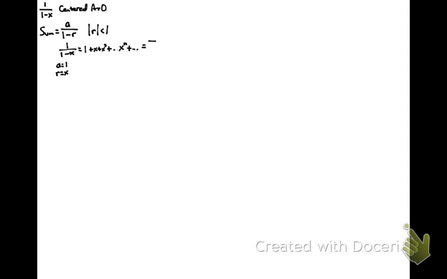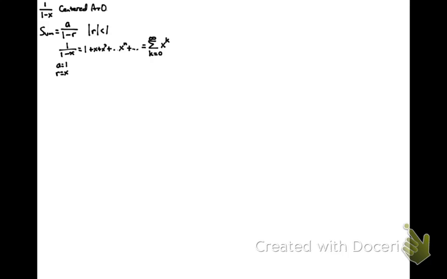We could say this is the series as k goes from 0 to infinity of x to the k power. And notice it's 1 times x to the k, so it's really just using the form of an infinite series, right?